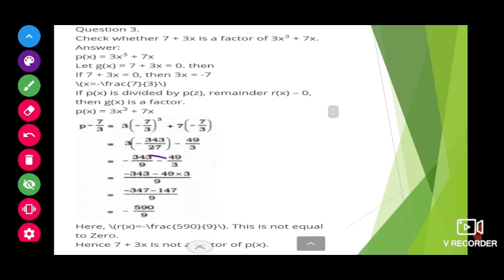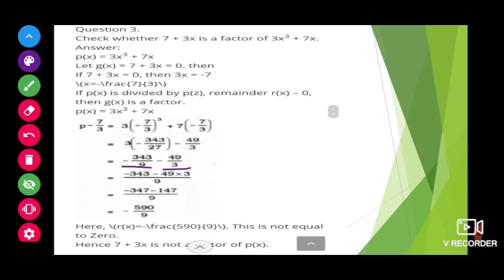Next, numerator 1 into numerator 2, that is 7 7s are 49, and plus of minus is minus. Now here we can cancel: 3 1s are 3, 3 9s are 27. So the remaining here is minus 343 by 9 after cancellation, and here minus 49 by 3.